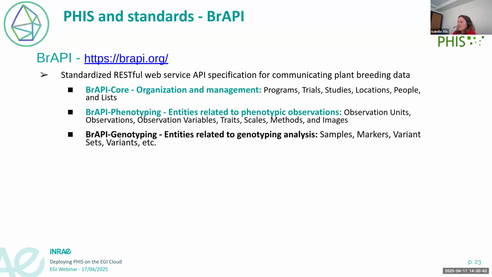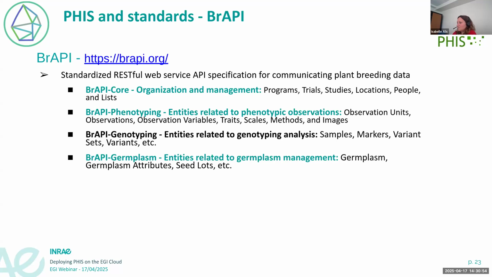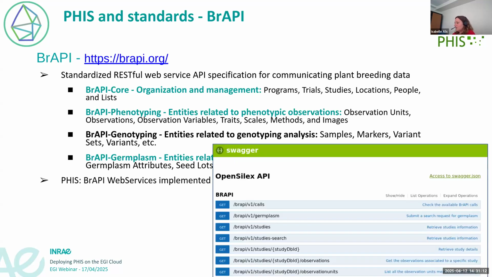The genotyping part has not been developed in PHIS because we are not at this level of description of the genotype, but we have the germplasm part that allows you to access your genetic resources, such as the germplasm attributes and the seed lots. In the PHIS web services, we have implemented these Breeding API web services in version 1.3.